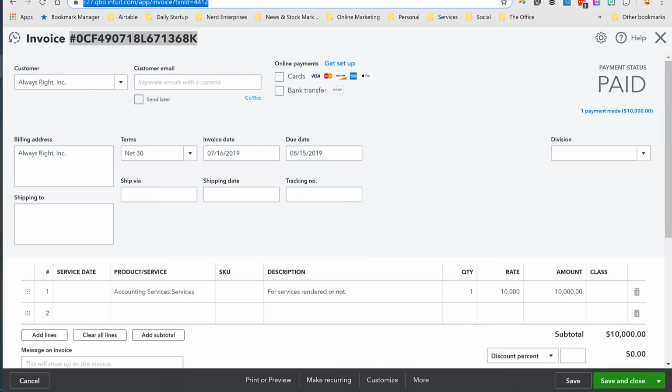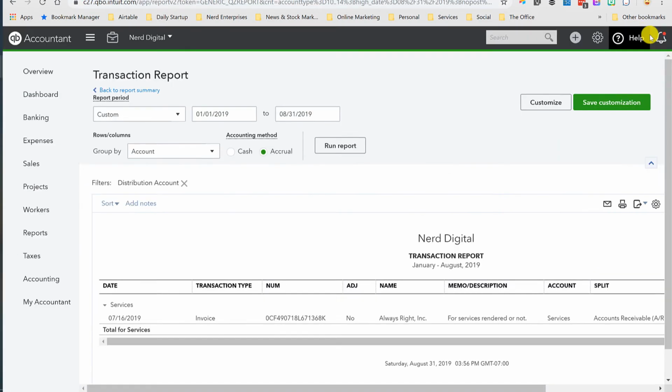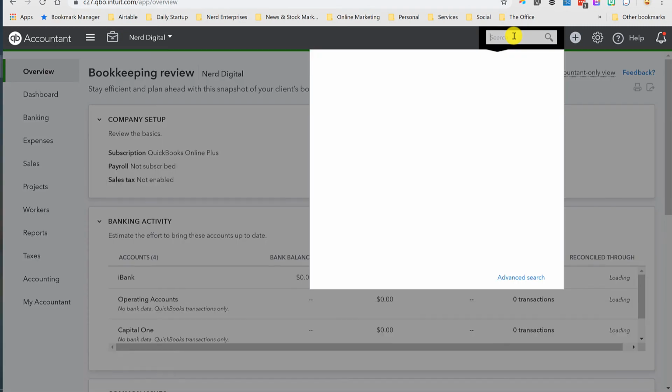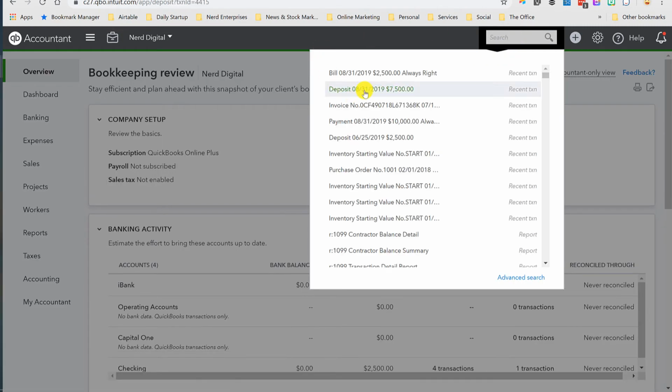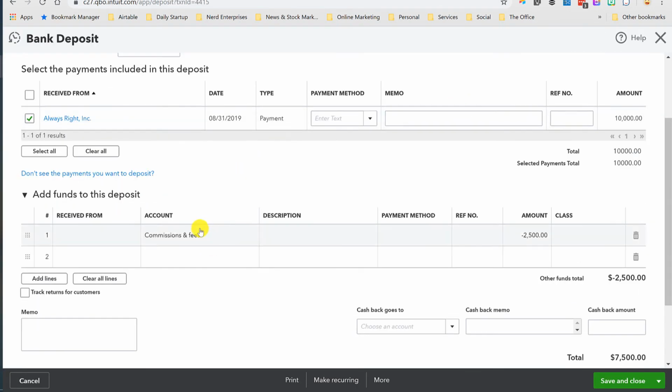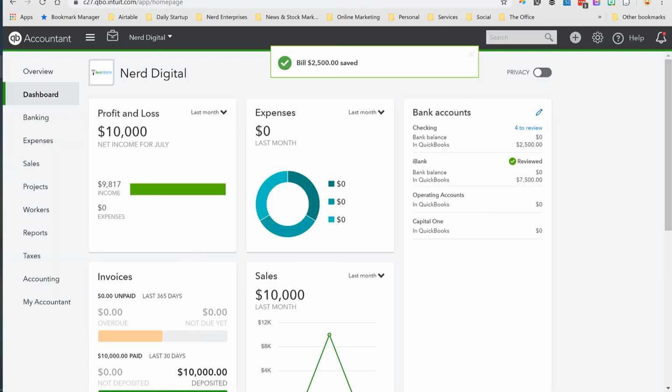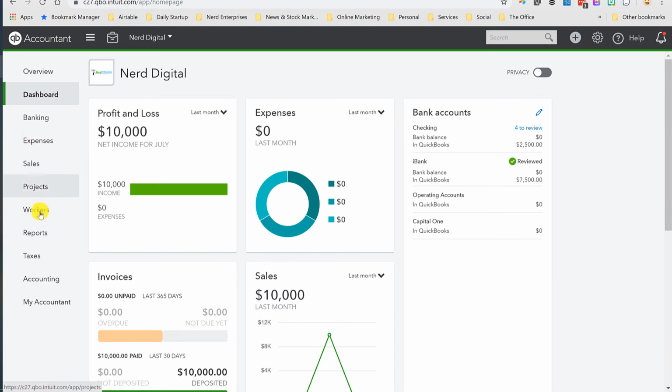Okay, and then what we're going to do is go back to the deposit. Okay, let's see if I can grab it from the recent transactions here. Okay, and so instead of doing it this way, right now if I look at a P&L, it's going to be doubled, once here and once for the bill I just entered, right? Let me prove it.